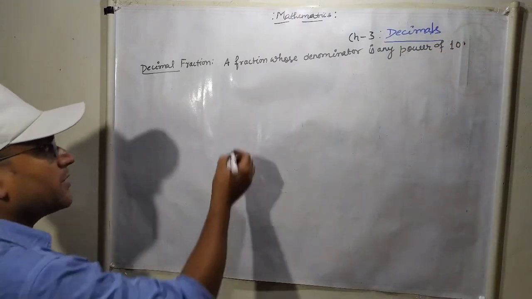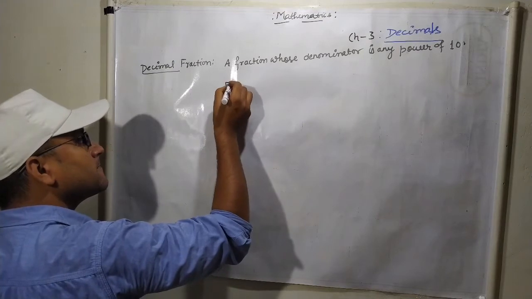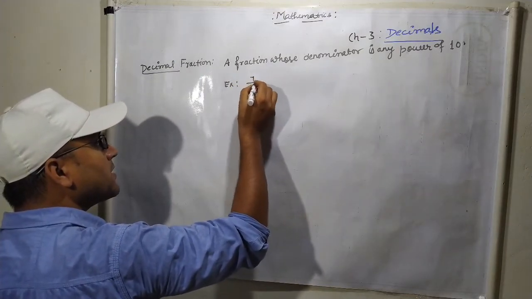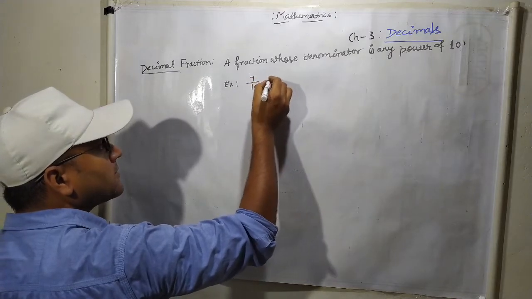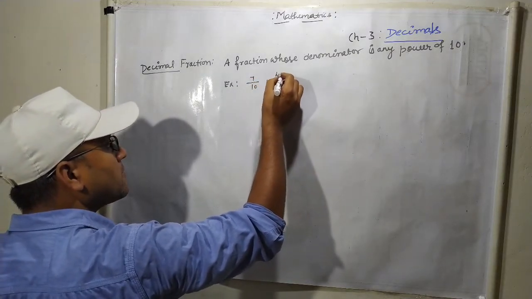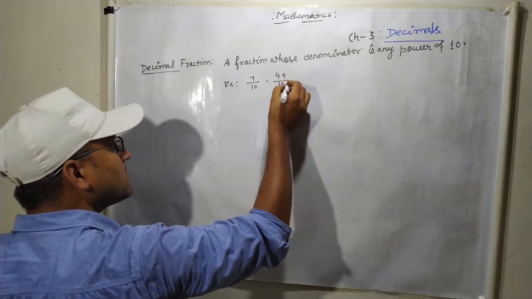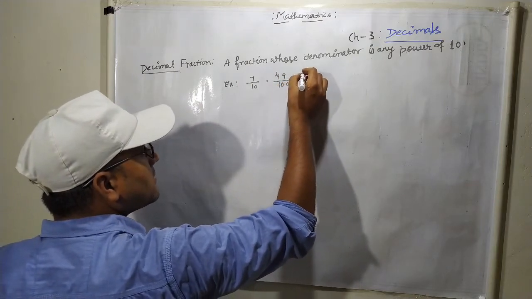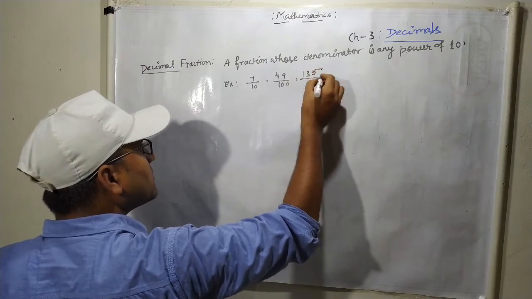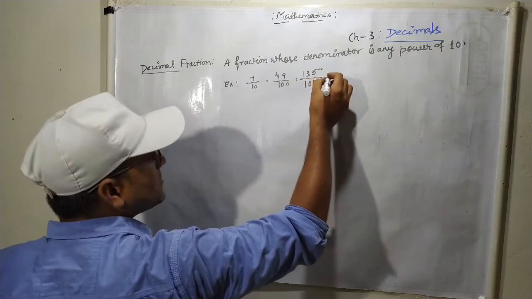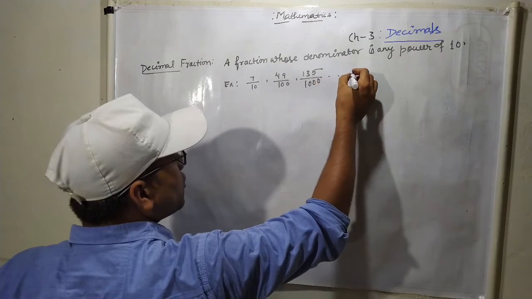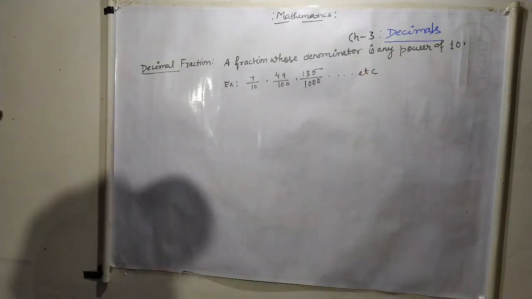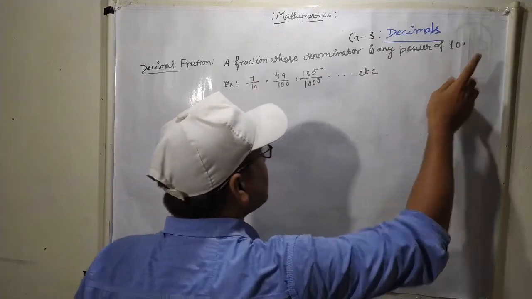For example, 7 upon 10, 49 upon 100, 135 upon 1000, and so on, etc. It means a fraction whose denominator is any power of 10.